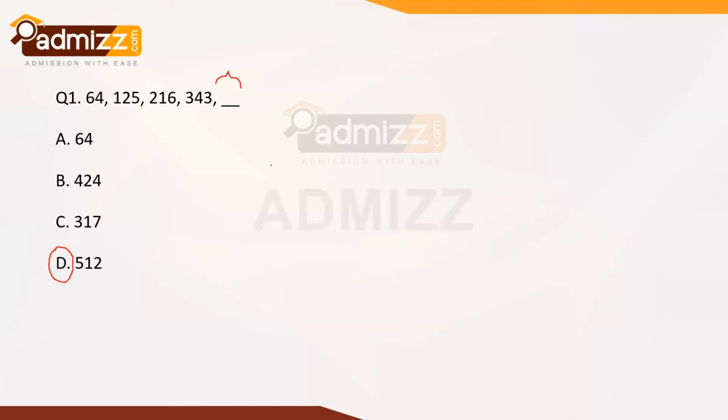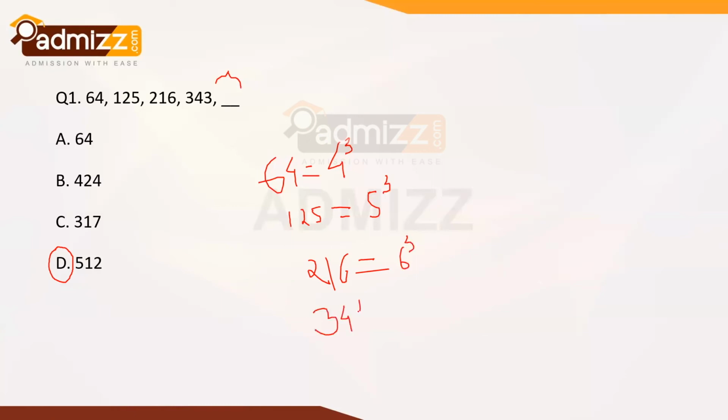Take a look at this, right? 64 is 4 cubed, right? 125 is 5 cubed. 216 is 7, sorry, it's 6 cubed, right? 343 is 7 cubed.